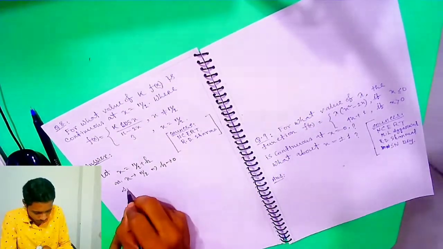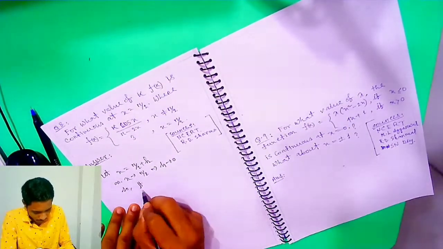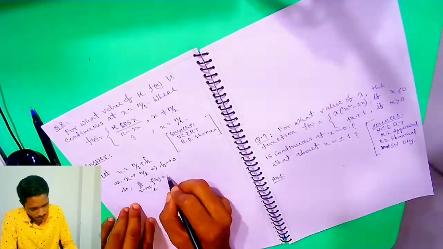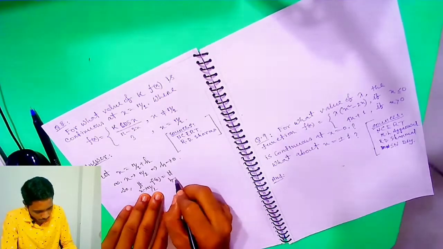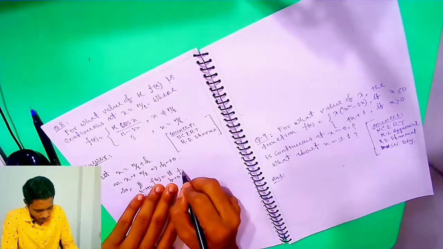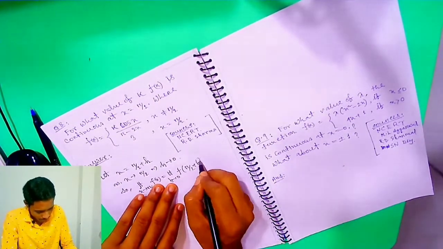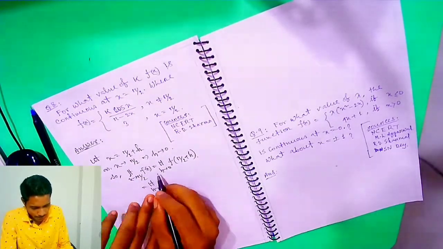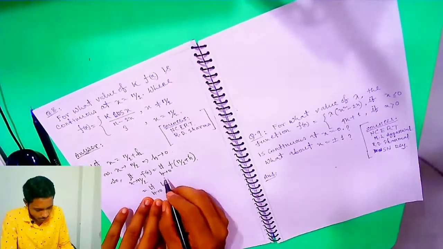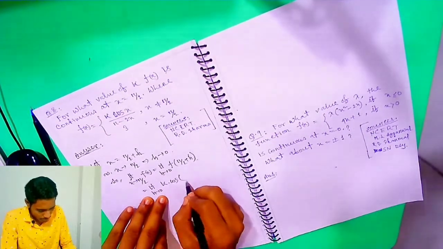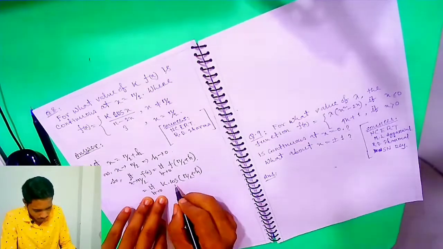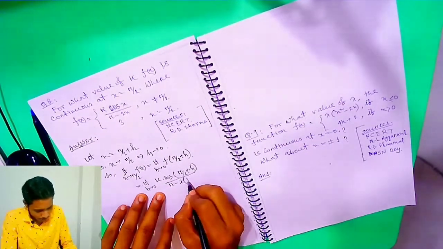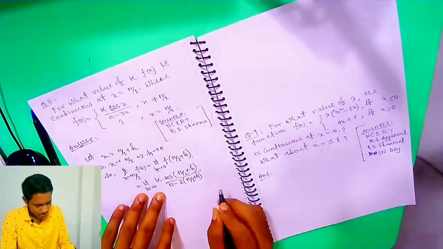So limit x tends to pi by 2 f(x) is equal to limit h tends to 0 f of pi by 2 plus h, right? This is equal to limit h tends to 0 k multiplied by cos of pi by 2 plus h, divided by pi minus 2 multiplied by pi by 2 plus h, right?